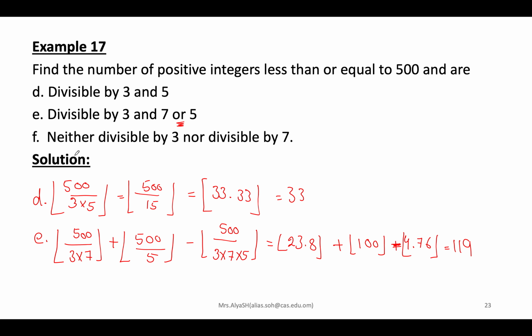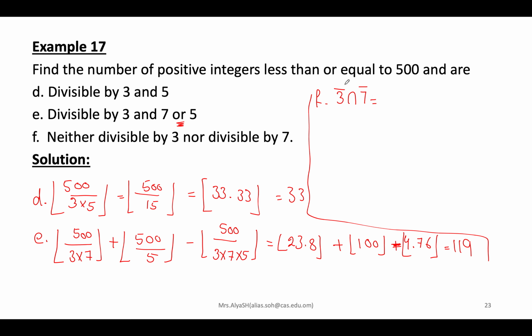The last one is finding the numbers that are neither divisible by 3 nor by 7. Okay, so we need space in here. So here we will get for F, this represents neither divisible by 3 nor divisible by 7, which means that we want the elements in the complement of being divisible by 3 and the complement of being divisible by 7.